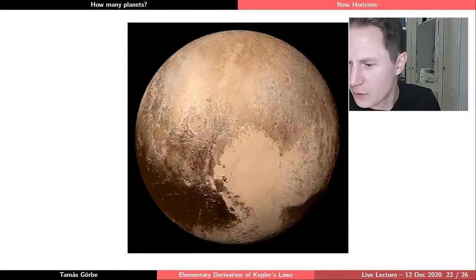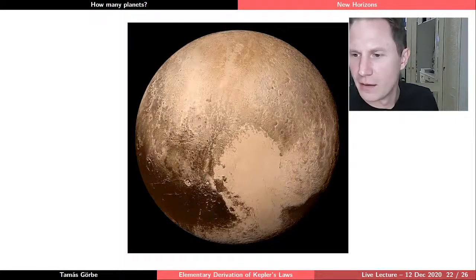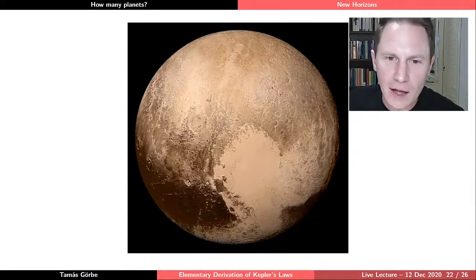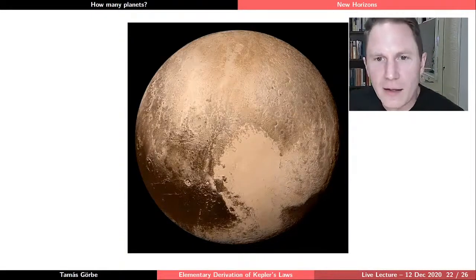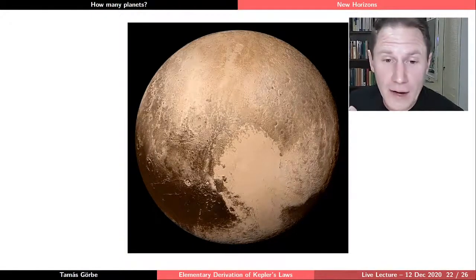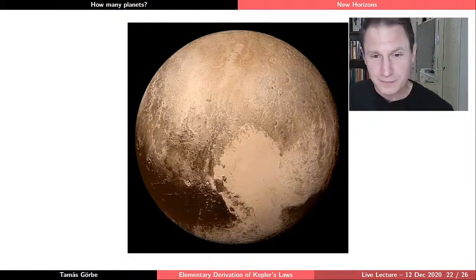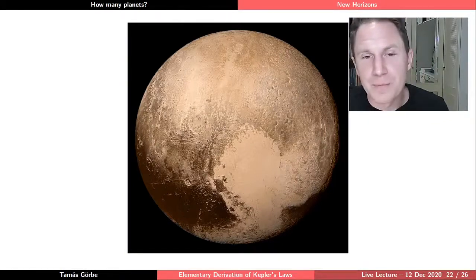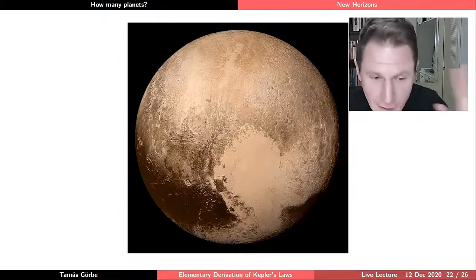So this is of course Pluto, as was nicely captured by the New Horizons spacecraft a few years back, so there are 8 planets.